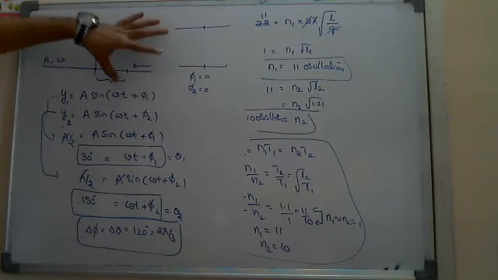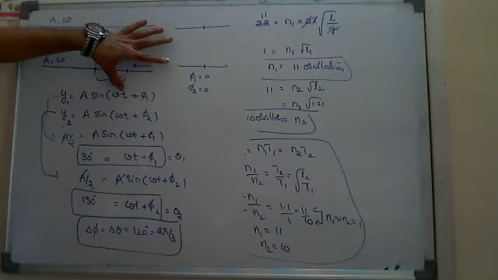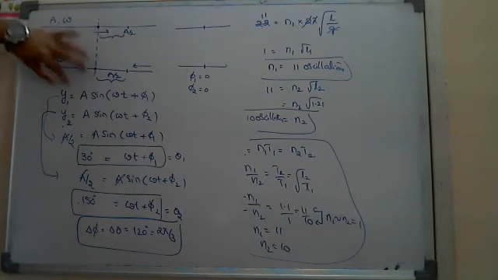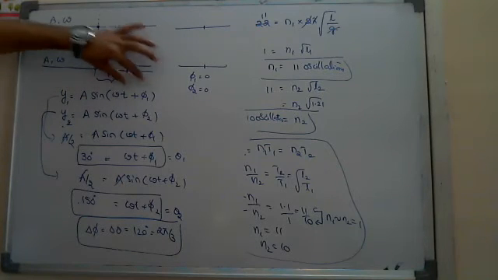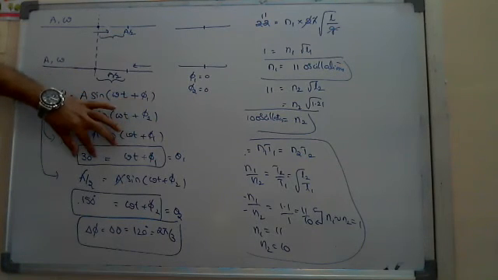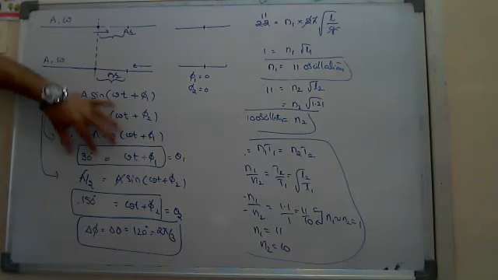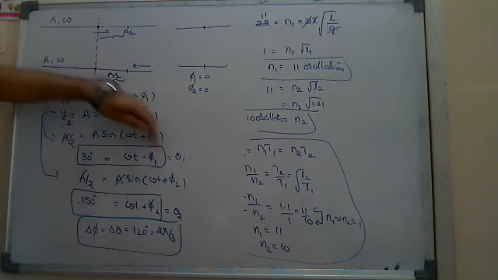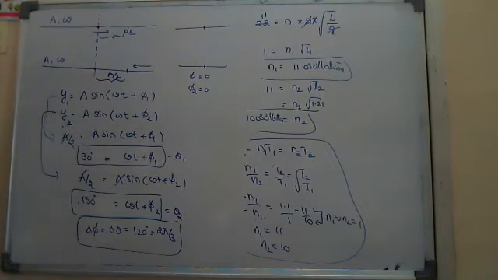Then only you can find out the time. If they give the phi angle, then the displacement is already given as a by 2. So here omega t plus phi 1 is equal to 30 degrees, we take. From that 30 degrees we subtract this phi 1, then t is equal to 30 minus phi 1 by omega. Straight away you can say the answer.